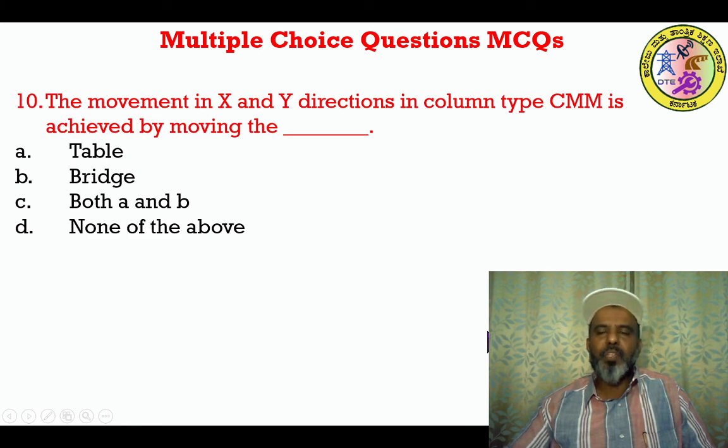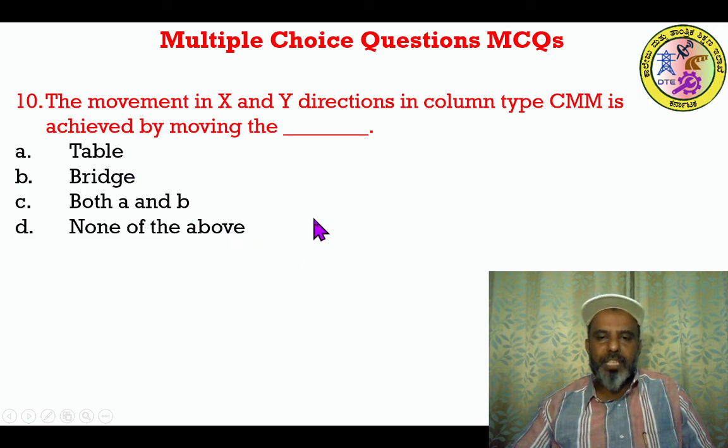And the last question given here is: the movement in x and y directions in column type CMM is achieved by moving the dash. He has given answers: A, table; B, bridge; C, both A and B, means by moving both table and bridge; D, none of the above.